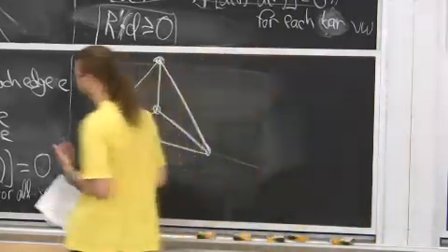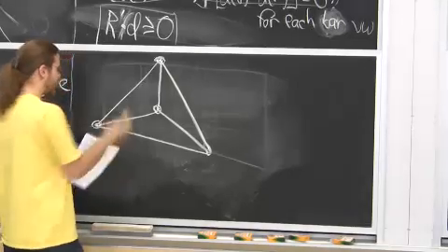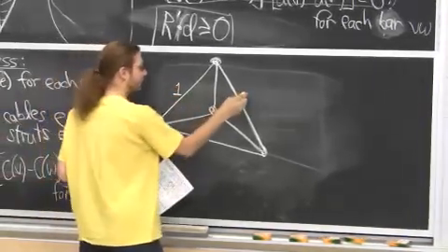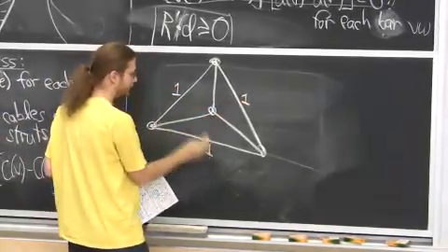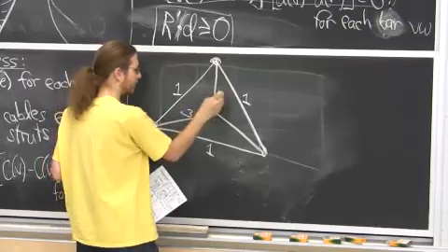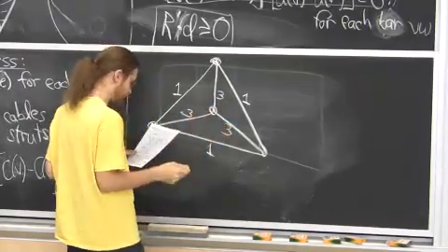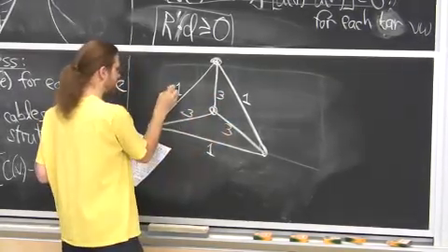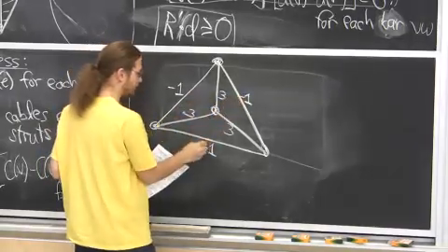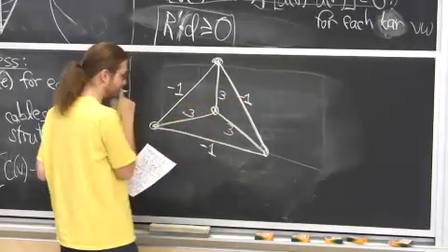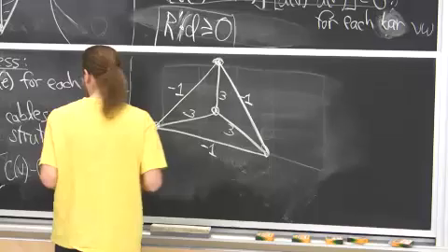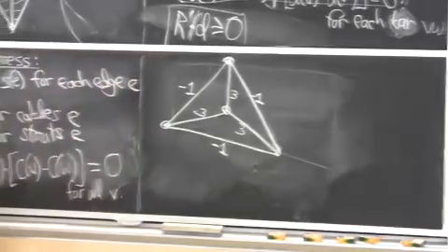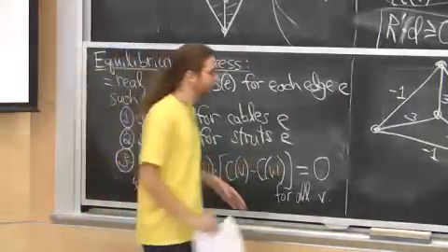In some sense, I can do that later. I'm going to put numbers -1 along all the outside edges, and the numbers positive 3 along all the inside edges.